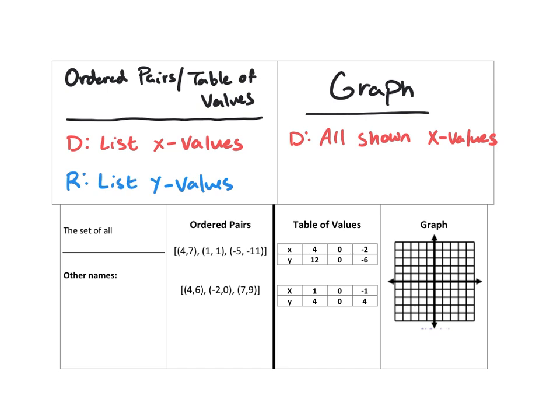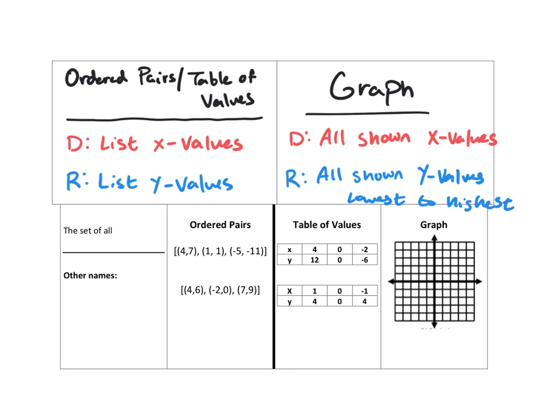And to find the range, it's just all the shown y values. But when you list the range, you always want to go from lowest to highest. I'll talk to you about what I mean by that in a second, but it's all shown y values. Are there any questions on that so far?